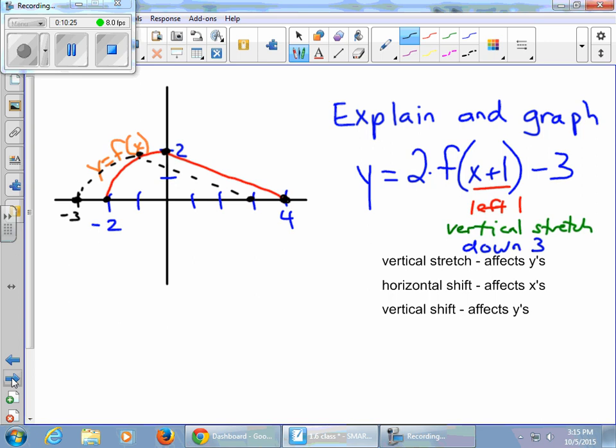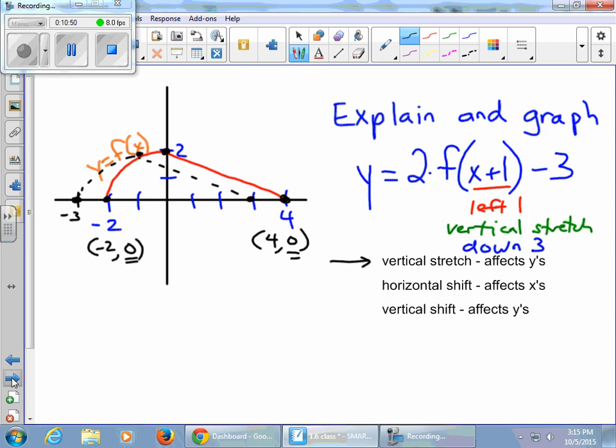Vertically stretching by a factor of 2, make sure you see vertically stretching is going to affect the y's. So if you think of this point like -2, 0, that y is 0. It's not moving. This is 4, 0. That y is not moving.